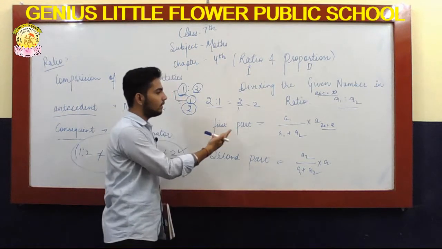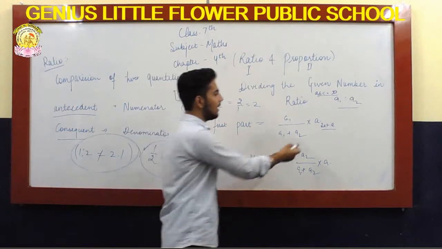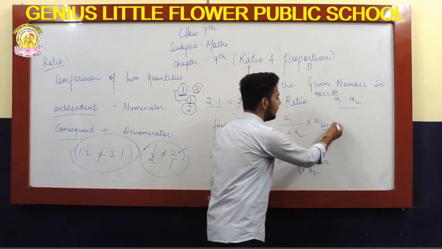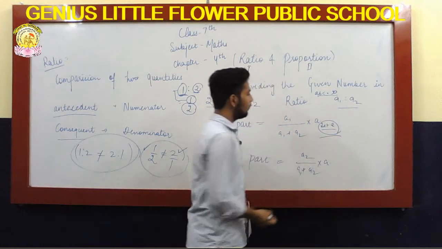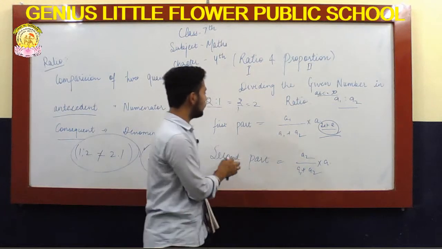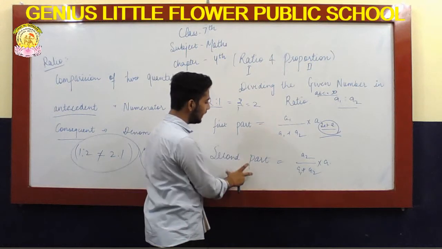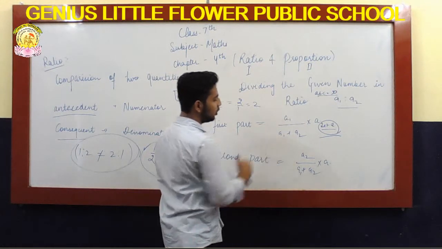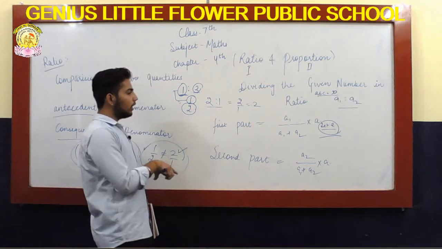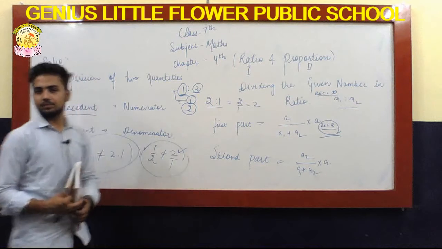If you have to divide A into two different parts, you multiply by A, as we have let the number A be the one for which we find the ratio. In the first part you take A1 in the numerator and in the second part you take A2 in the numerator. Other things remain the same. Now we are going to discuss an example for this method.